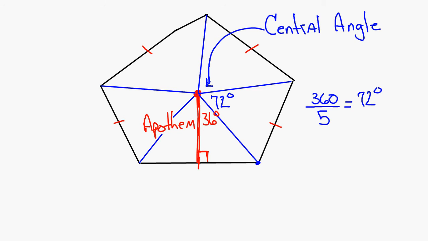And since this apothem was an angle bisector, aren't these two pieces going to be congruent to each other? All right, so do you see what the apothem does? It gives you the distance from the center of the polygon to the side of a polygon. It bisects the side of the polygon, and it bisects the central angle. So there's a ton of stuff going on with the apothem. Okay? Make sense so far? Yeah.